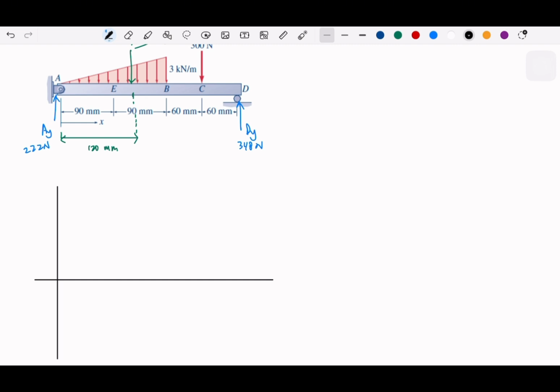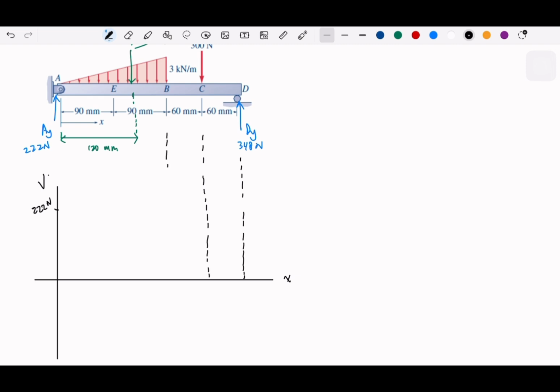So we start with the 222 Newton. So maybe here 222. This is V. This is X. And then this will be point C.